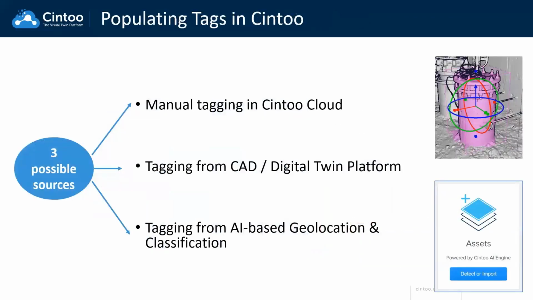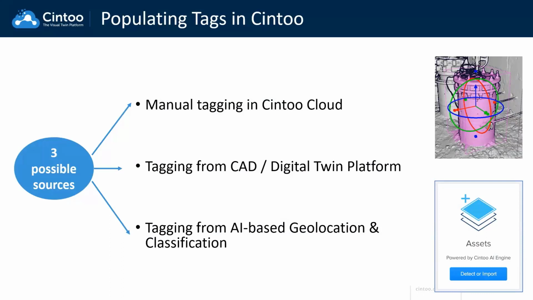So Stephen will show you that there are 3 ways to populate your tags inside Cintu. The first way is manual tagging, setting up yourself the bounding box and the various metadata for each tag. But we can also populate your tags from your CAD or digital twin platform.